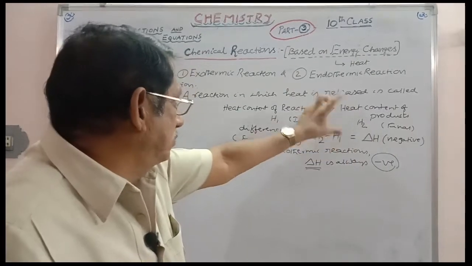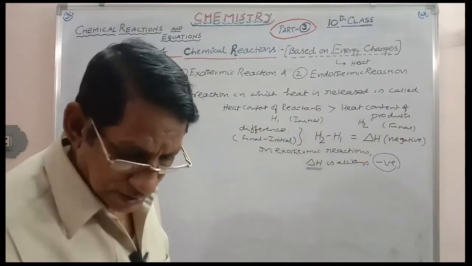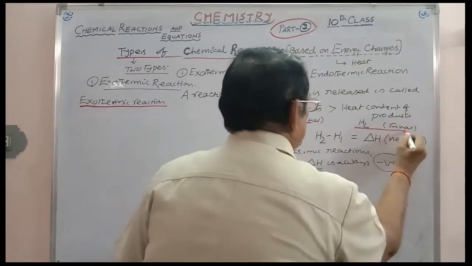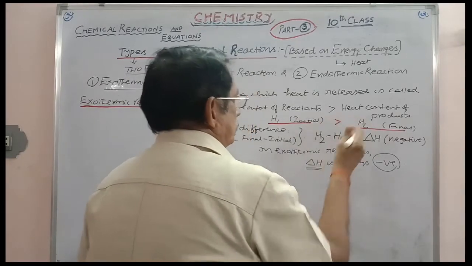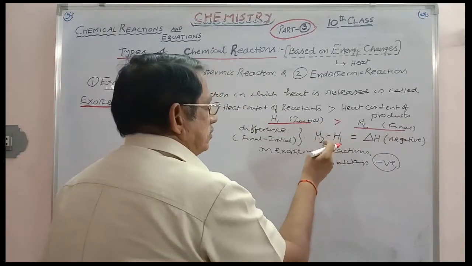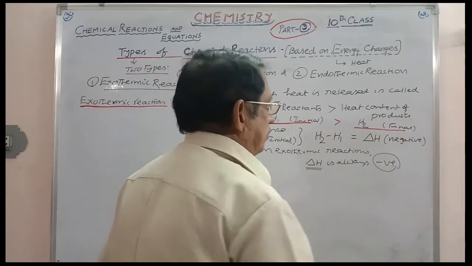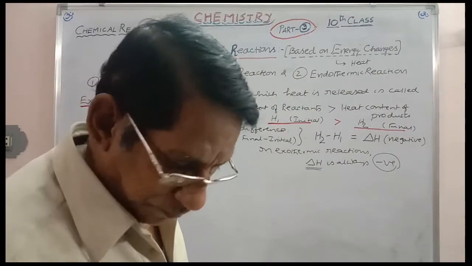This is the thermodynamical concept that you have to learn. Don't forget H1, H2. H1 is greater than H2, and that is H2 minus H1 less. H2 is less, H1 is greater, so a negative quantity will be obtained. Exothermic reaction, delta H is always negative.